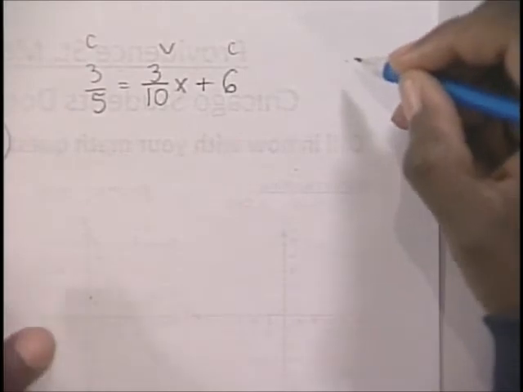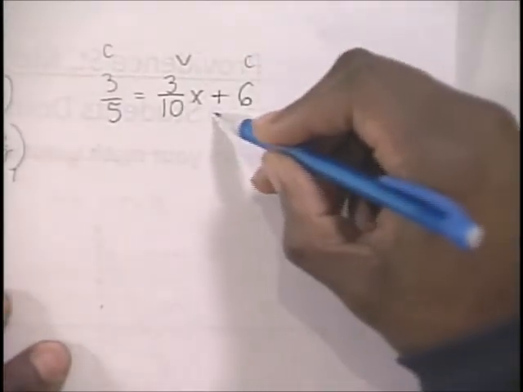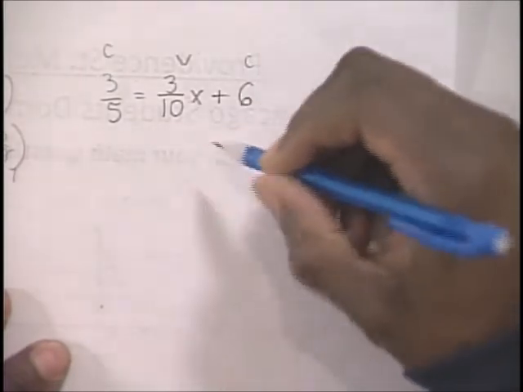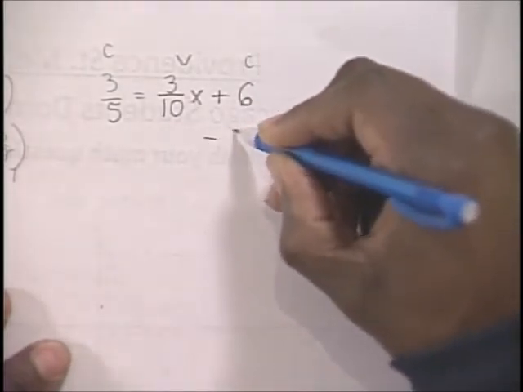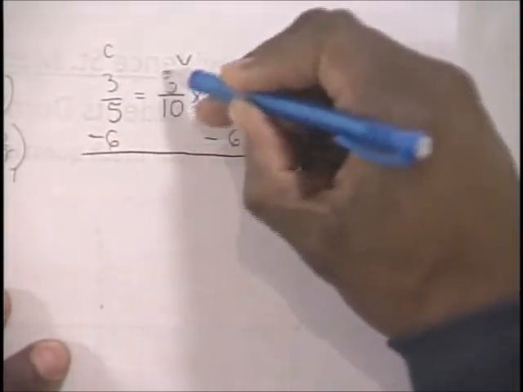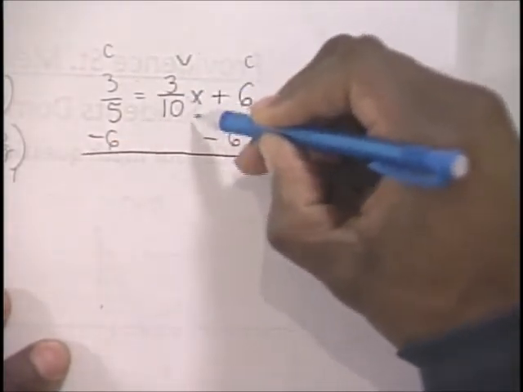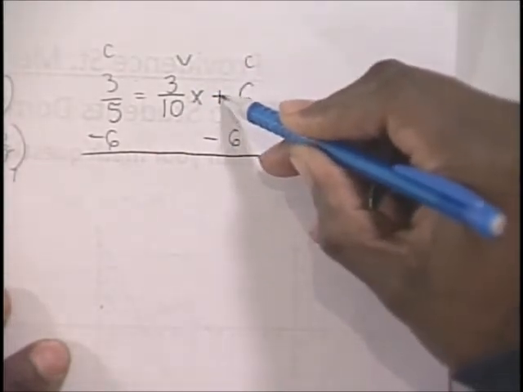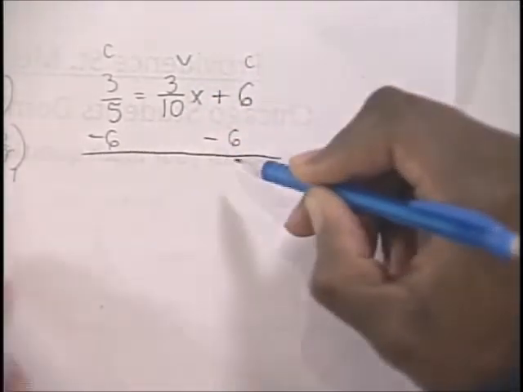Some teachers talk about inverse operations. So here you're multiplying, here you're adding. Going in inverse operations order, you'd have to subtract 6 on both sides because you're trying to get this variable alone. Inverse of addition is subtraction, so you're going to subtract 6.